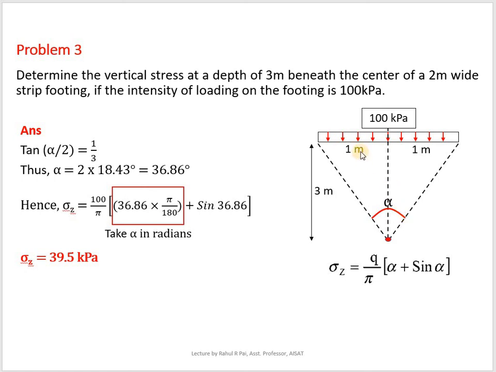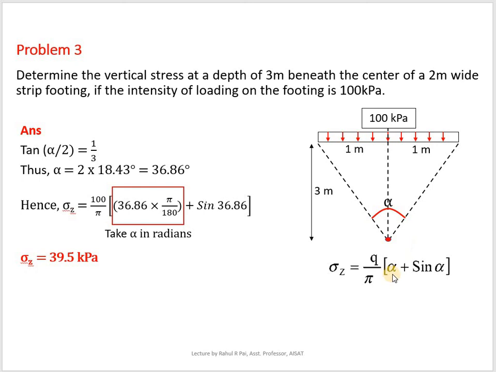You have 1 meter, the half width of the strip, and the depth of 3 meters. So tan of alpha by 2 is 1 by 3, opposite by adjacent. Then alpha is equal to 2 times that angle, so alpha is 36.86 degrees.